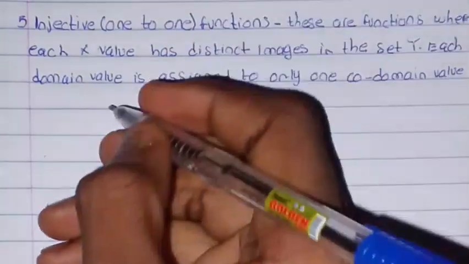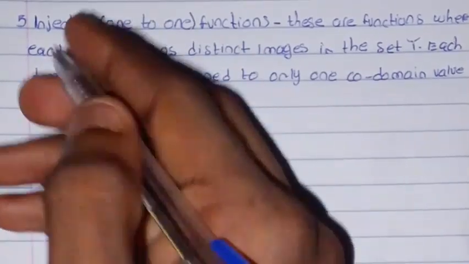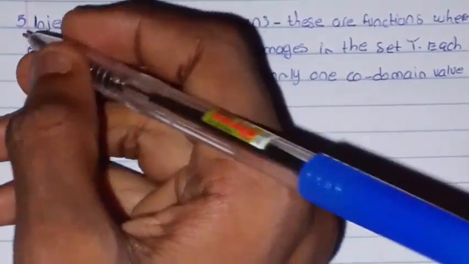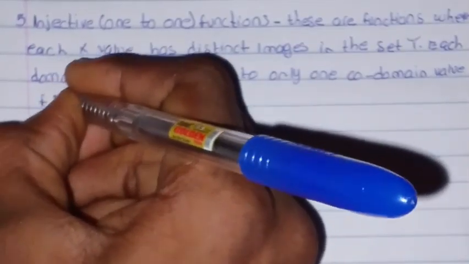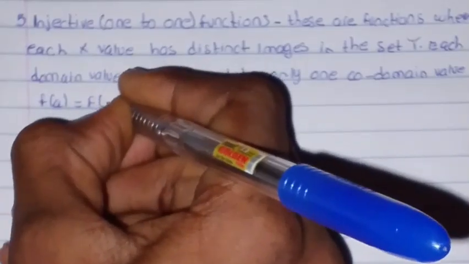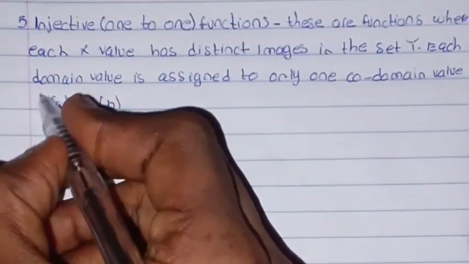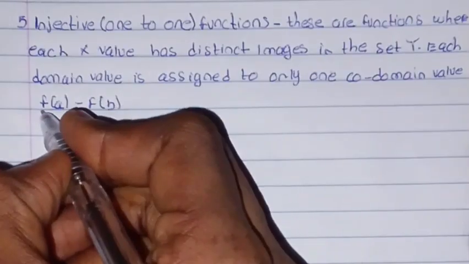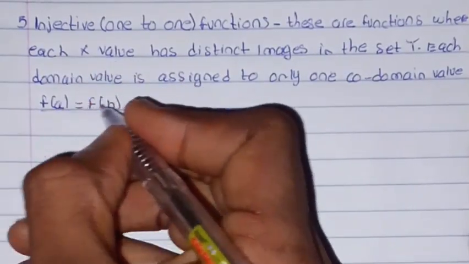Now let's take an example. First, before we take the example, we need to write out the mathematical expression for injective functions. Mathematically, a function is injective if f of a is equal to f of b. Now we must understand that f of a and f of b represent the codomain values of the function.